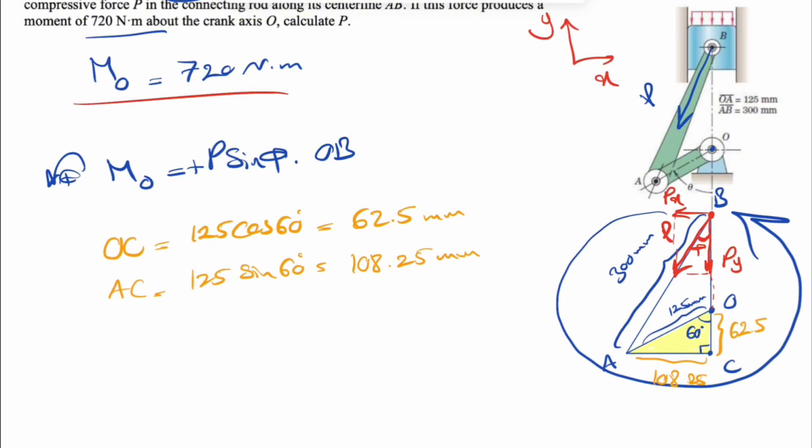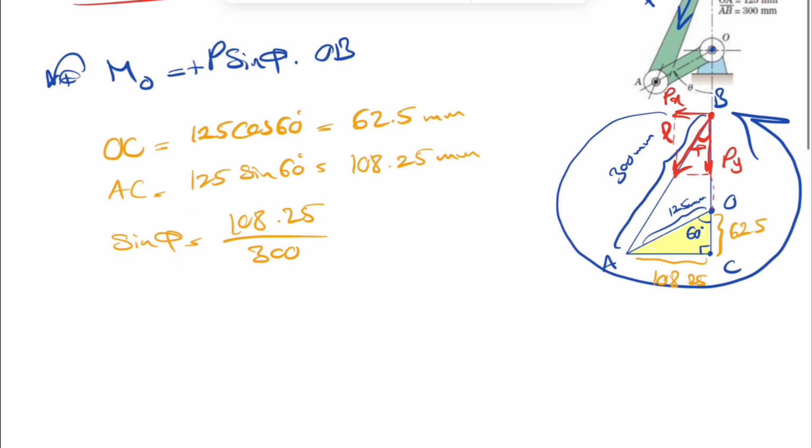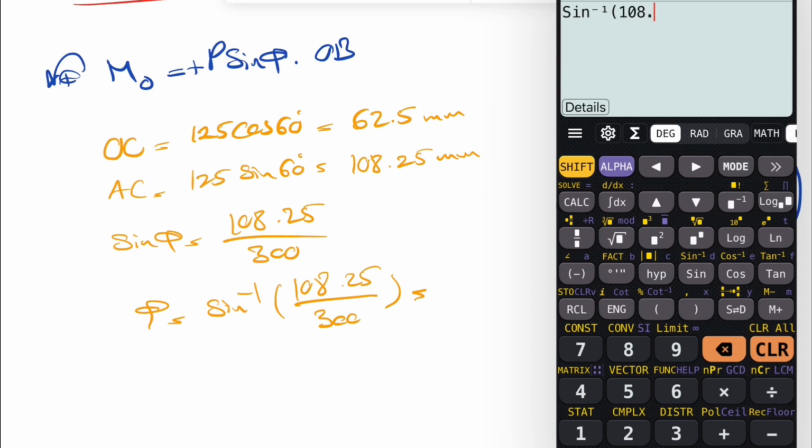So sine of phi is 108.25 divided by 300. Now we can find phi pretty easily: sine inverse of 108.25 divided by 300. Our phi would be 21.15 degrees.